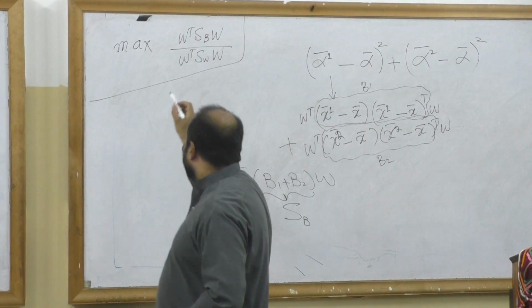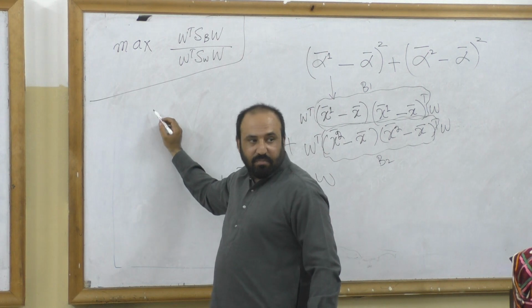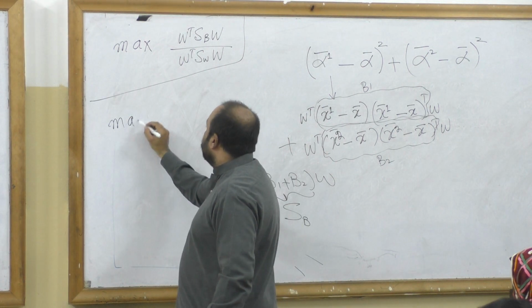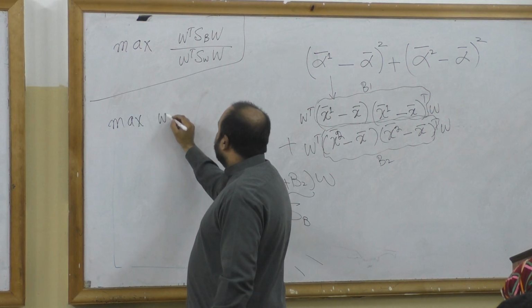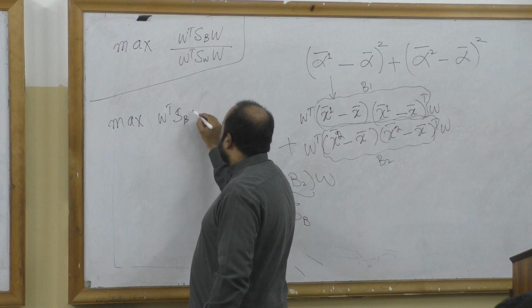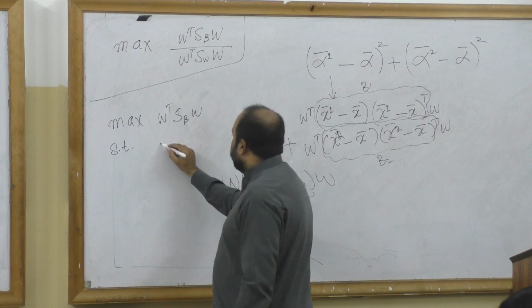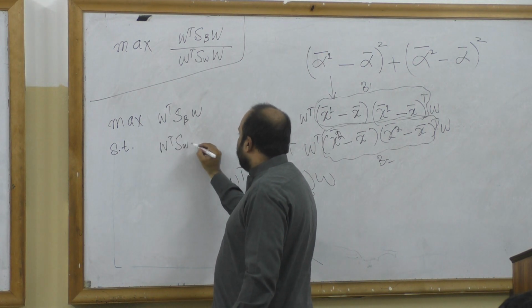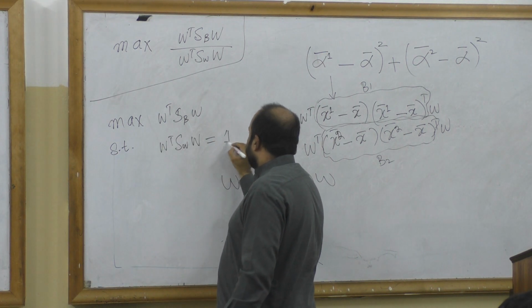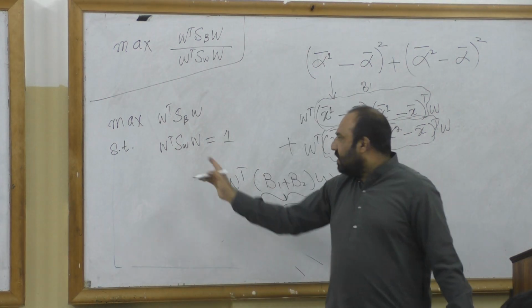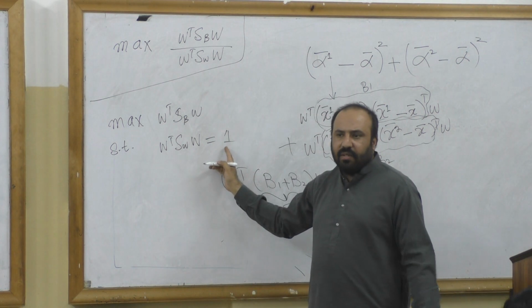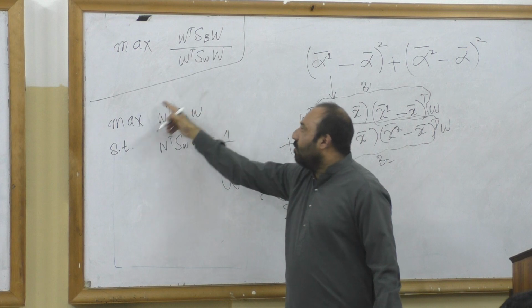So I am going to reformulate this problem as maximize W transpose SB W subject to the constraint that W transpose SW W is fixed. You fix it to any number, and then you keep on maximizing this.